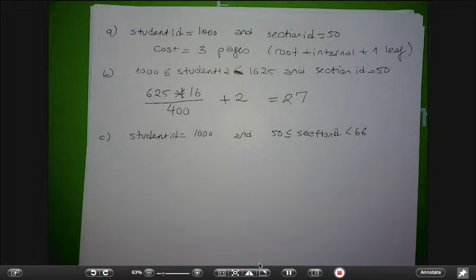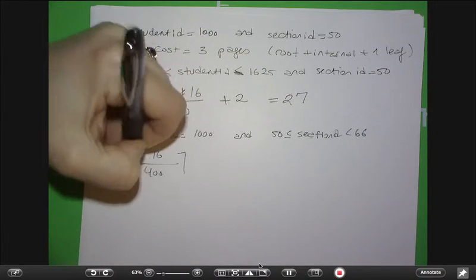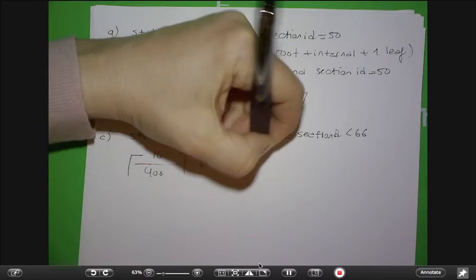At most 16. The student may not have all of these 16 sections, but at max it could be 16, it could be less. So 16 tuples in the leaf node fits in how many leaf nodes? 1. All right, so 16 divided by 400 plus 2, which is 3. Okay?